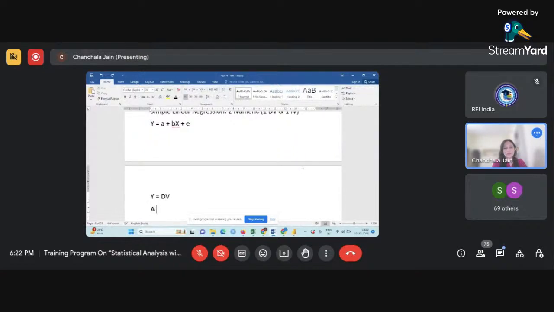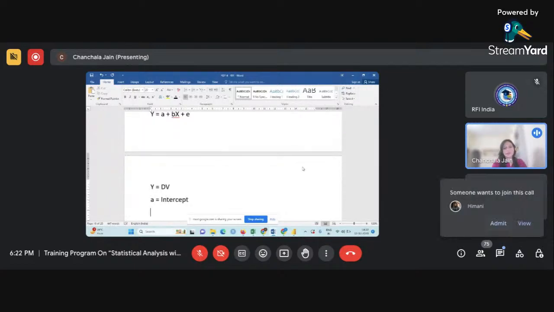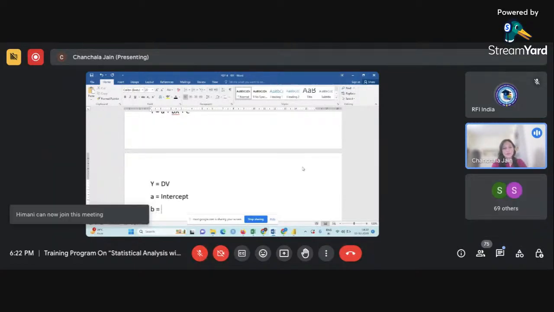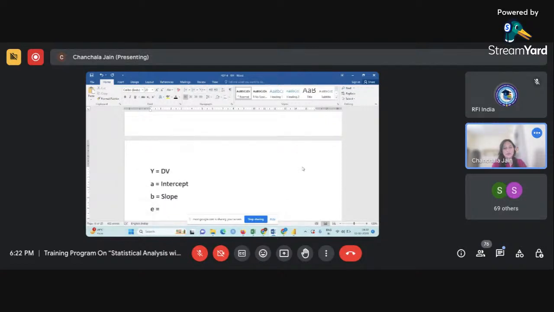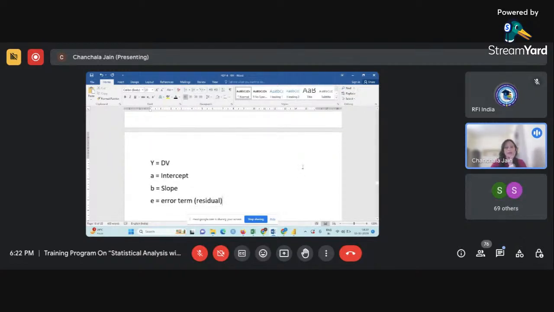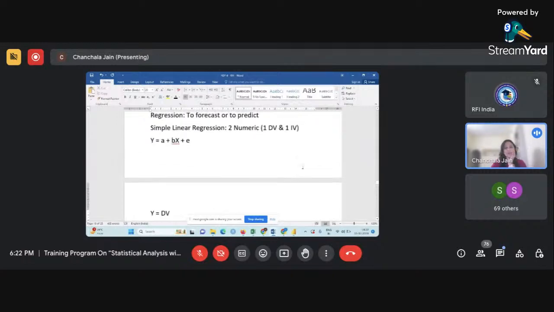A will be your intercept, b will be your slope, and e will be your error term, that is the residual. So these are the meanings of the notations of this regression model: y equals a plus bx plus e.